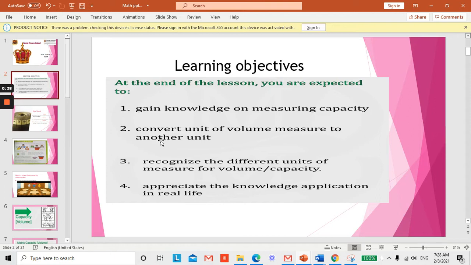Number 3, recognize the different units of measure for volume and capacity. Number 4, appreciate the knowledge application in real life.